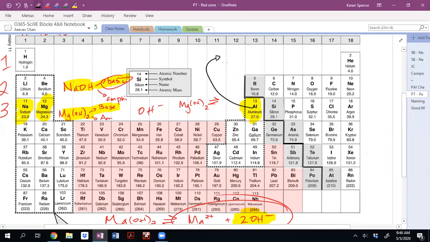So if we have aluminum hydroxide, when it dissolves, we'll end up with aluminum 3+, and we'll end up with hydroxides, 3 of them. How is it possible that that thing is amphiprotic?